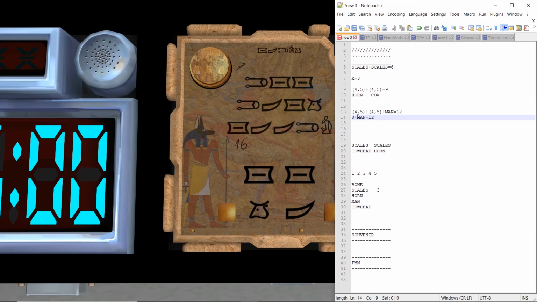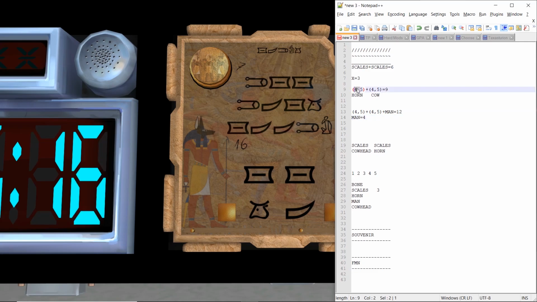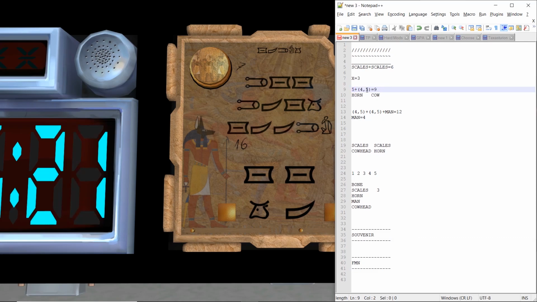Now, we know that 12 minus 8 is 4, meaning that man would give us 4. But that violates the rule where all symbols have to be unique. So using the process of elimination, we can deduce that horn equals 5, which then leads to cow equaling 4.